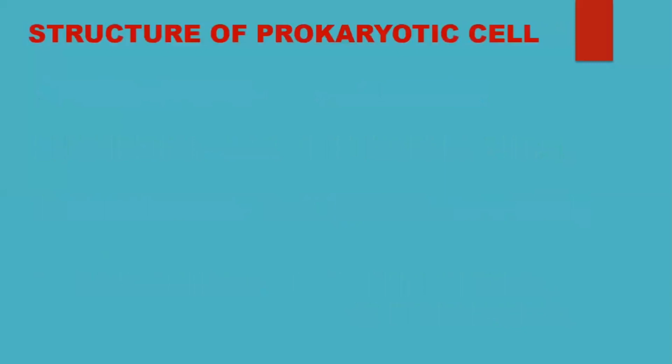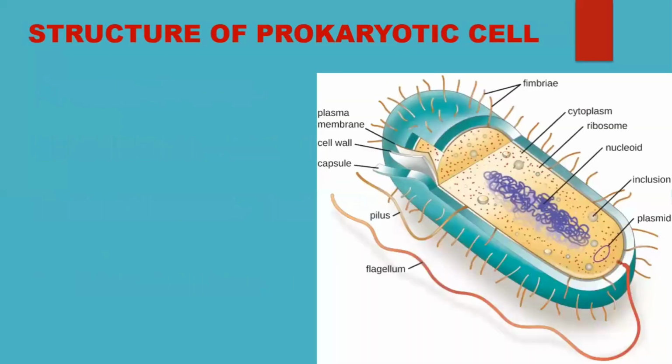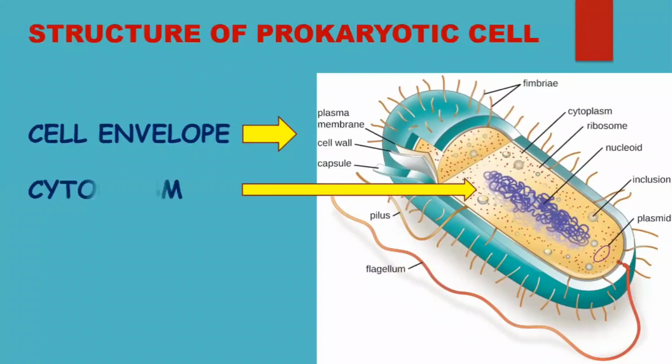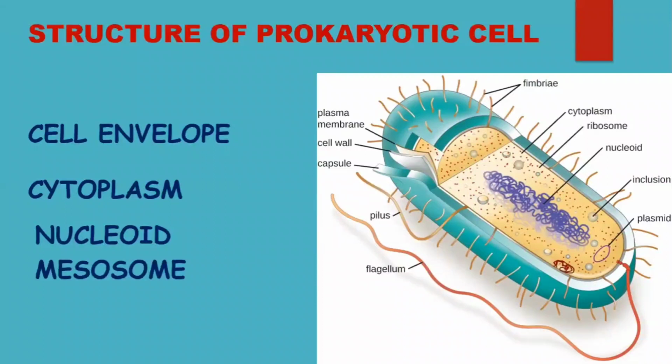Now we will talk about the structure of a prokaryotic cell. Now this is a prokaryotic cell. If you observe, it has an outer layer which is called the capsule, then cell wall, and then plasma membrane. Together these three layers are called the cell envelope. Inside the cell envelope we have cytoplasm. Inside cytoplasm we have the nucleus. We also have infoldings of plasma membrane.